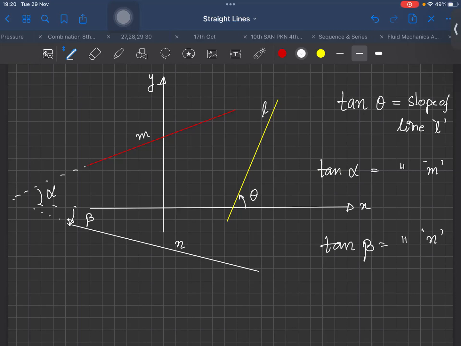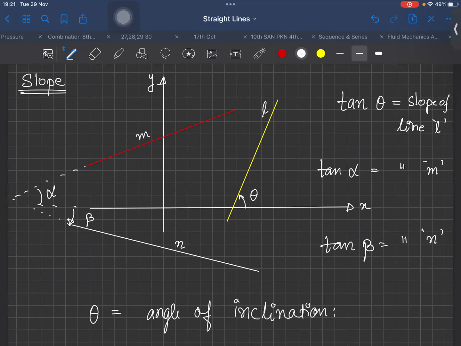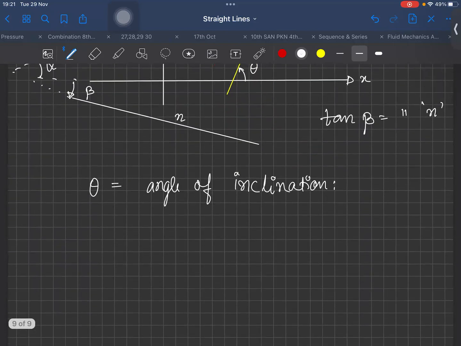Now let's understand slope. We are studying the slope of a line. First, understand this is theta. This angle is called the angle of inclination. Now if theta is greater than or equal to 0 and lesser than what? 90.